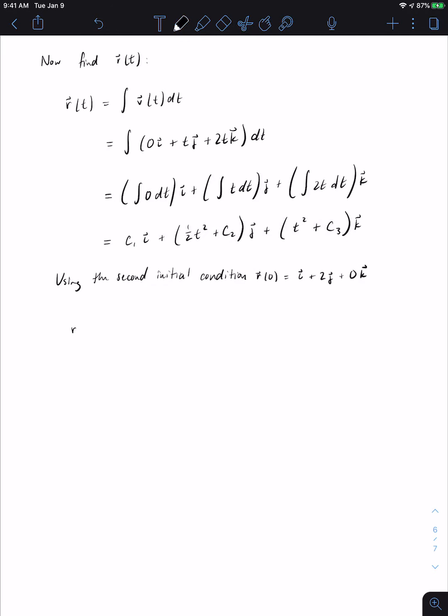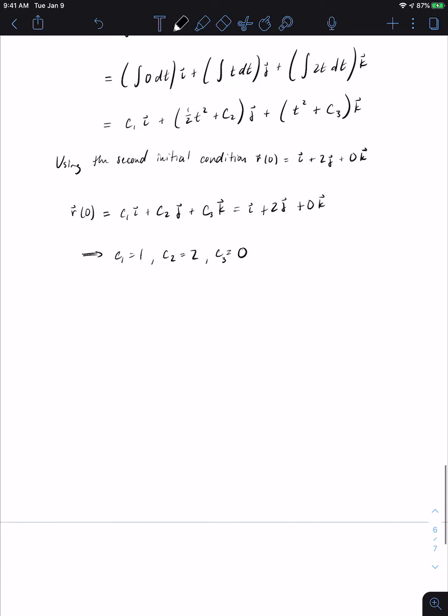What do I get? Well, r of 0 means go to our function and plug in 0, so that gives me c1i plus c2j plus c3k, and that has to be equal to i plus 2j plus 0k. So in other words, c1 has to be equal to 1, c2 has to be equal to 2, and c3 has to be equal to 0.